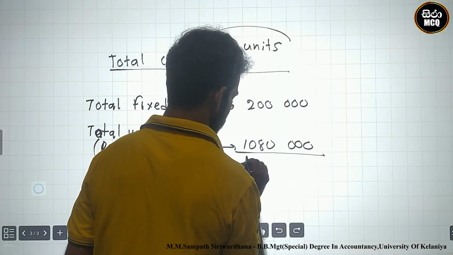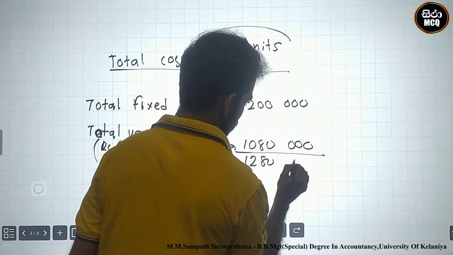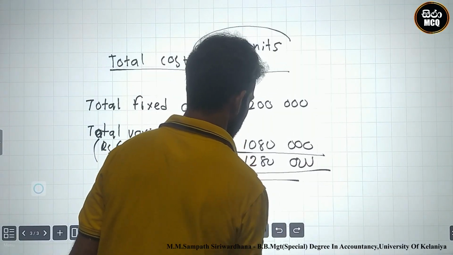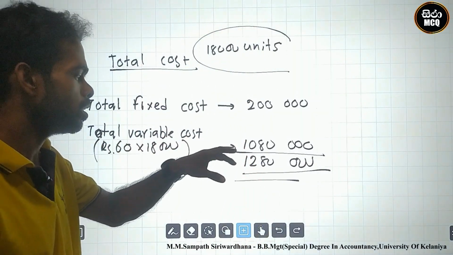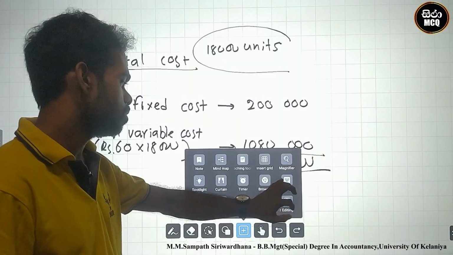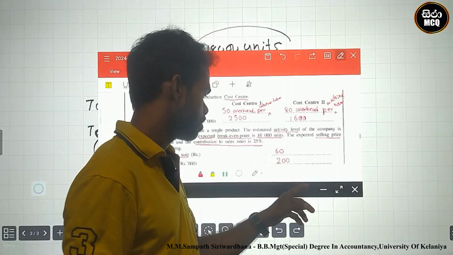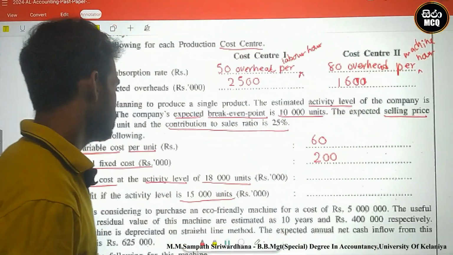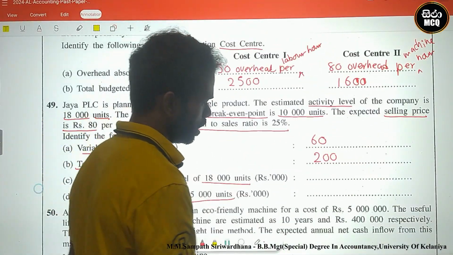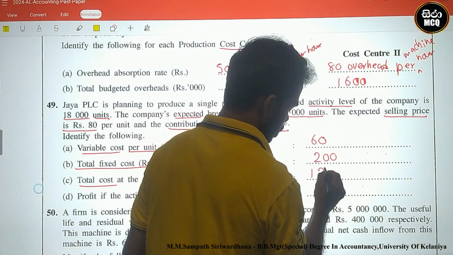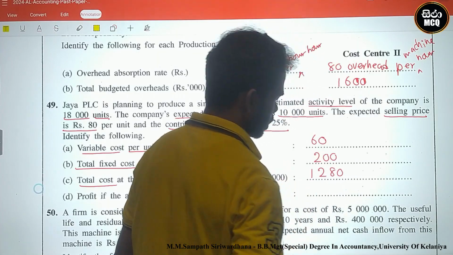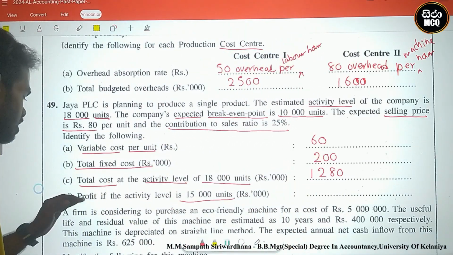This is the total cost of 18,000 units: 1,280,000. Therefore, in thousands, I write 1,280 as the answer.